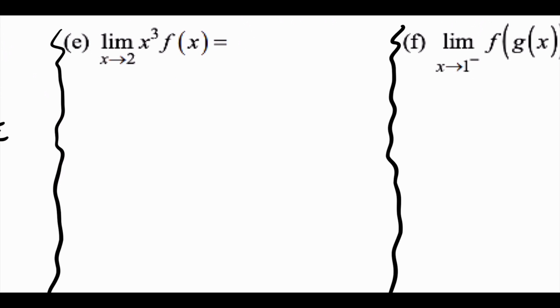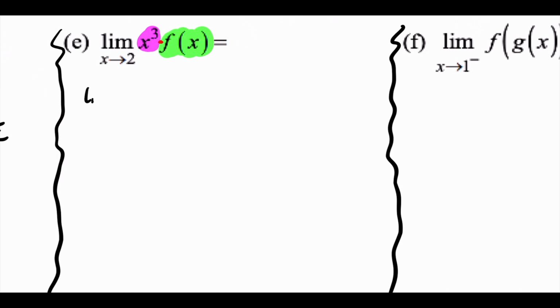We're multiplying two things together. What are we multiplying? x to the third times f of x. It's multiplication, so we find the limit of one and multiply it times the limit of the other.